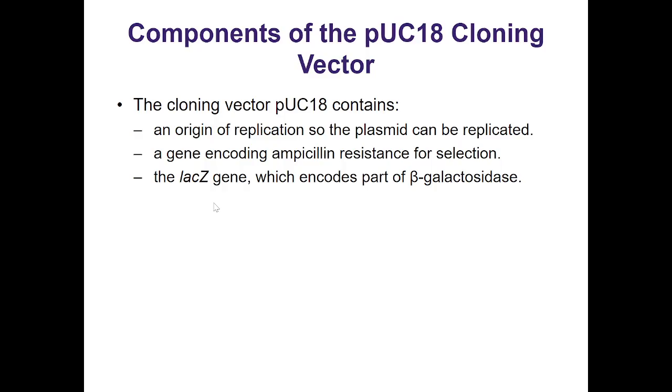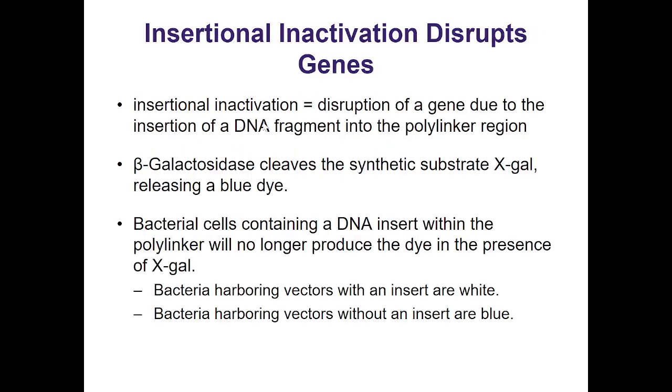The lacZ gene will encode part of the beta-galactosidase. This right here is insertional inactivation, which will disrupt genes. So insertional inactivation is the disruption of a gene due to the insertion of a DNA fragment into the polylinker region.